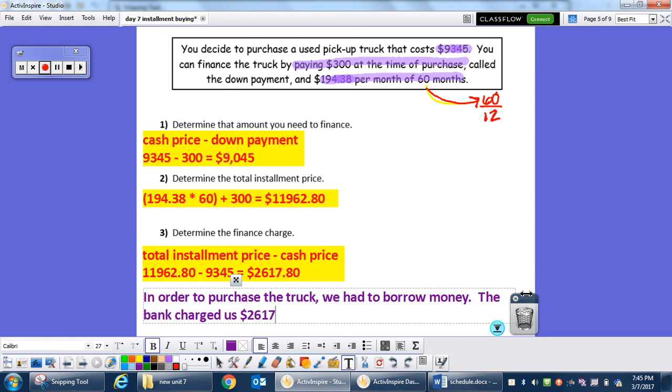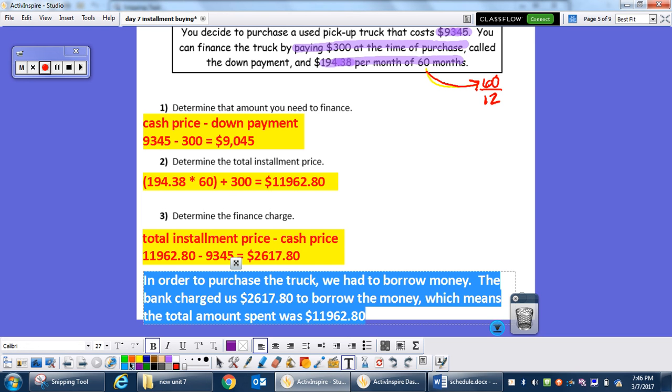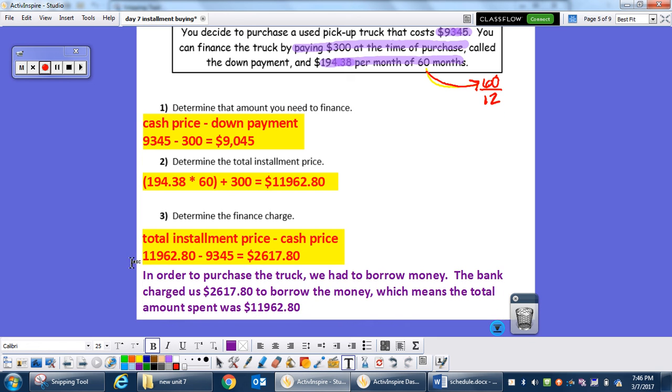This is also just for kicks and giggles to kind of explain what our answer means. To borrow the money, which means the total amount spent was that total installment price, $11,962.80. Okay? So remember, it costs money to borrow money. So that's just something to keep in mind.